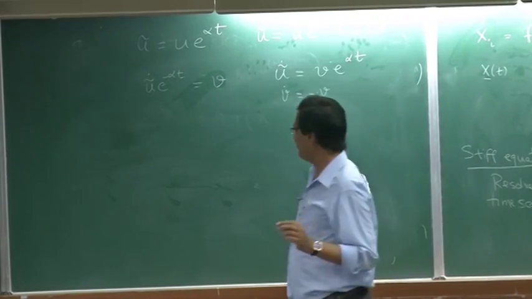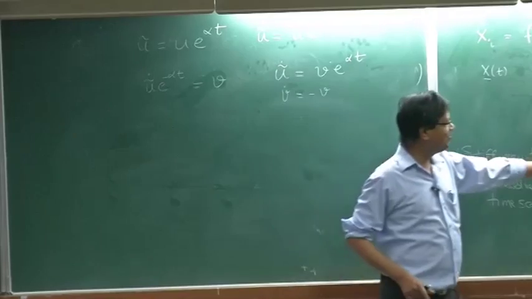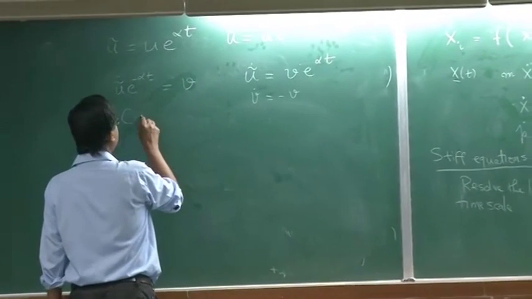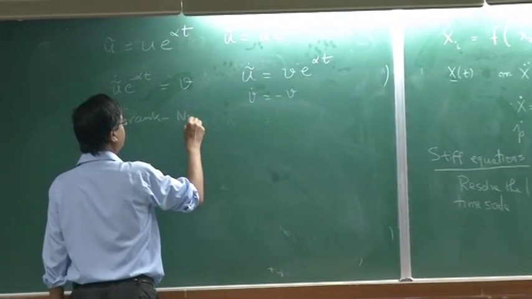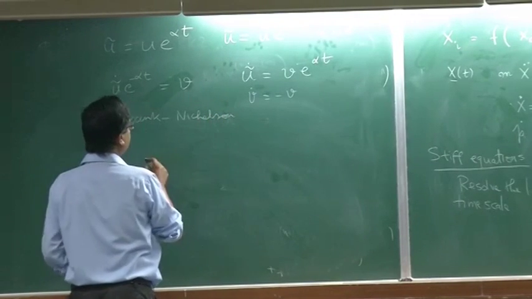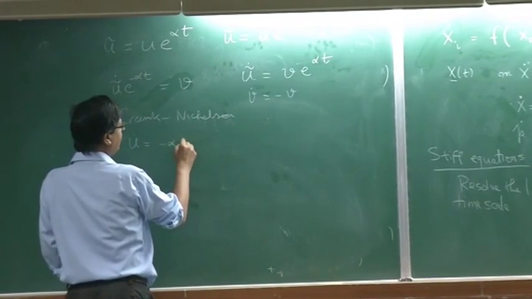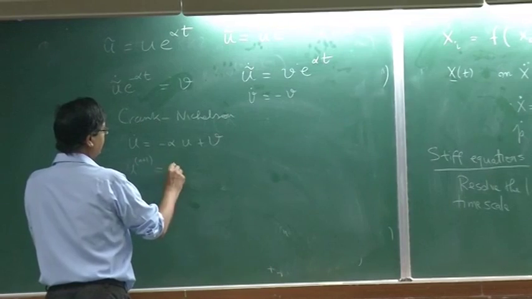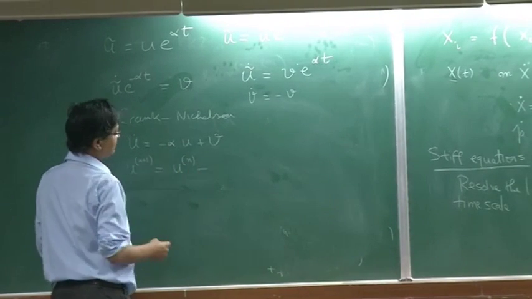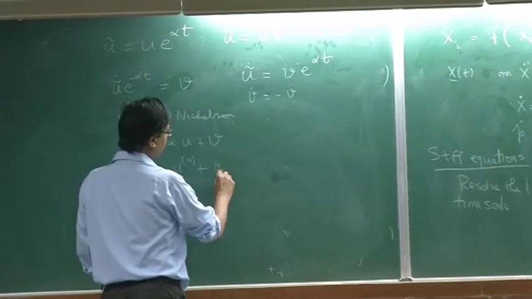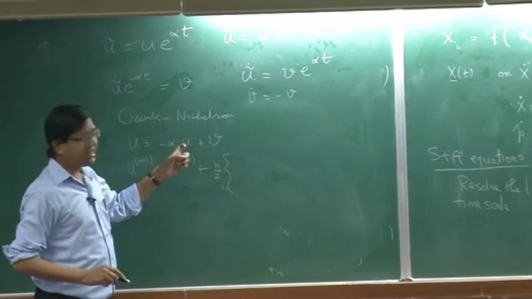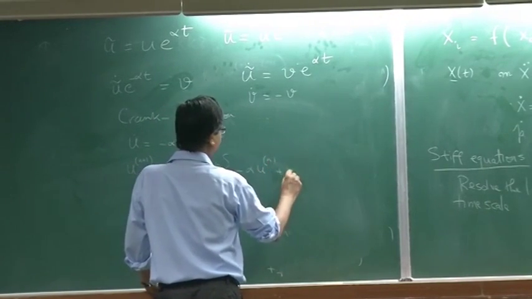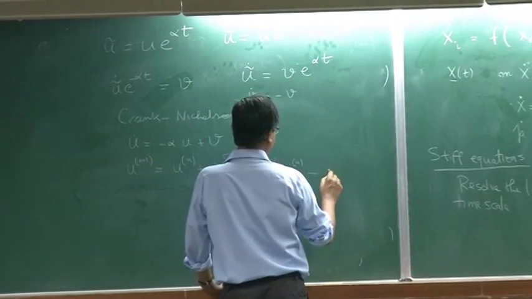Now, if I use the Crank-Nicolson scheme, what will be the time stepping for this? It is going to be u dot is minus alpha u plus v. So u n plus 1 is u n plus h by 2 times the terms at n and n plus 1: minus alpha u n plus v n, minus alpha u n plus 1 plus v n plus 1.